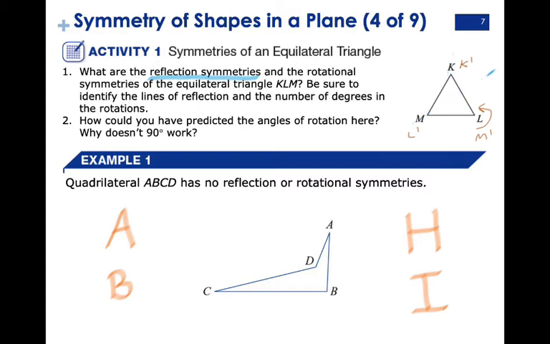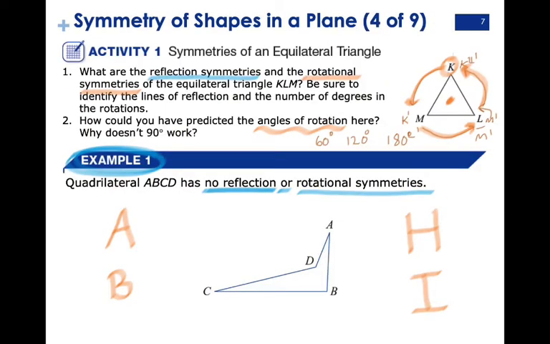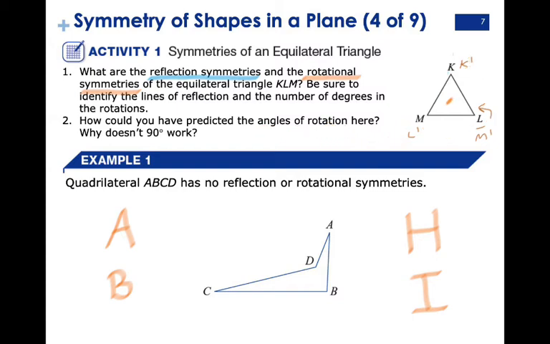Okay. And going back to this triangle here, we could actually see that. Here we go. So going back to this triangle, that was not the only reflection of symmetry.